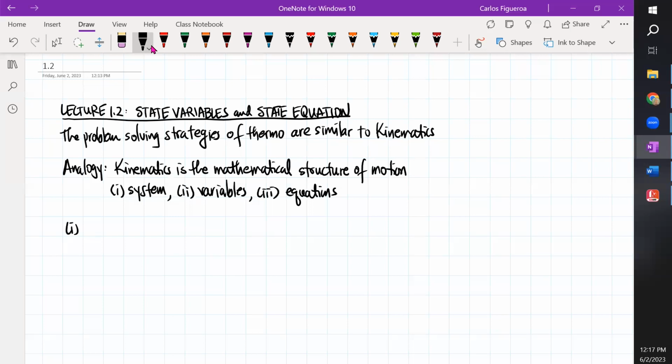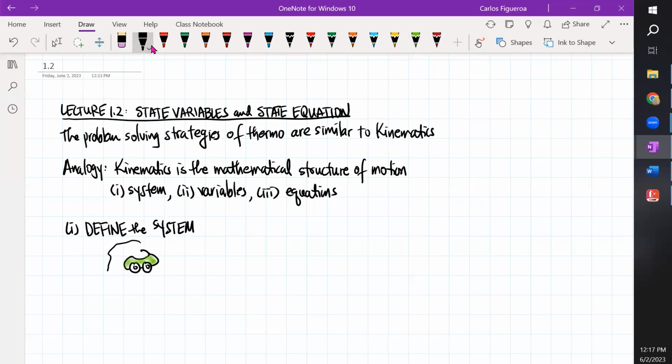So the first thing that we have to do is we define the system. When we define a system, what we typically do is imagine that we have a car. Or I could have a block. It doesn't really matter. If I have my car, a car is an extended object.